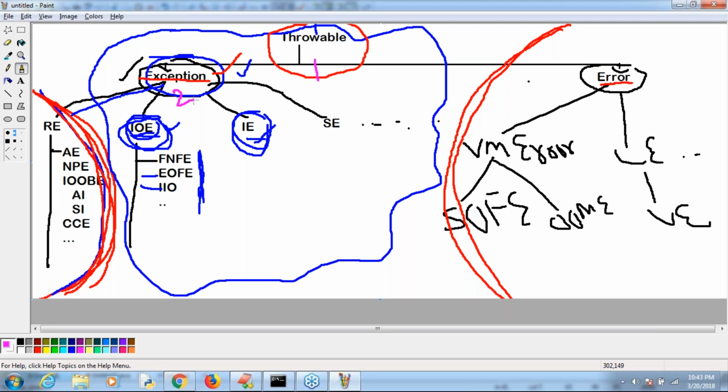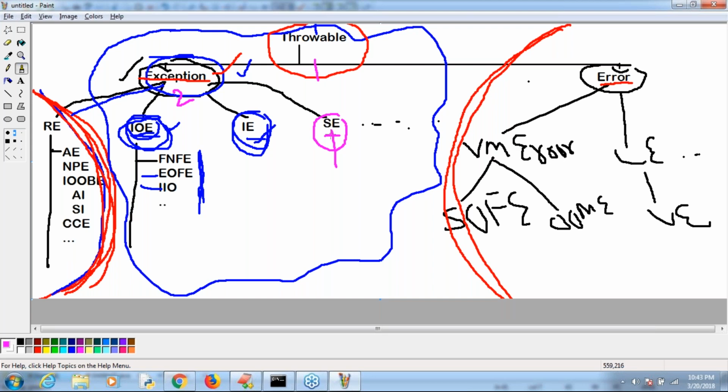Okay, ServletException is remaining. Boss, ServletException is in blue color. It is already checked, with no child. That's why it is fully checked only. Remember that. Don't break your head. The only possible partially checked exceptions in Java are two things: one is Throwable, second one is Exception.